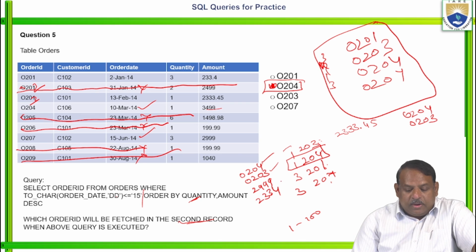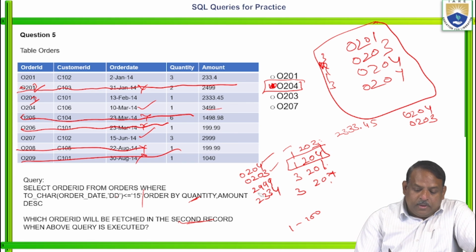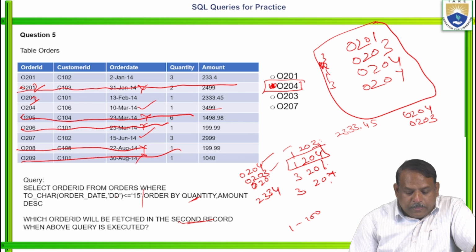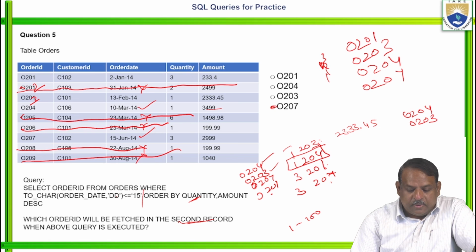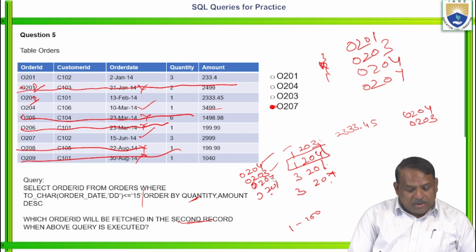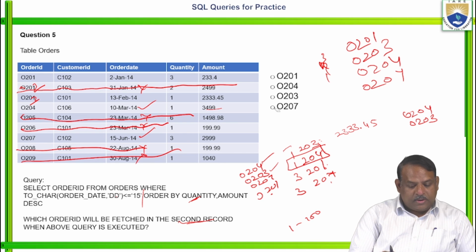Out of the 3 and 3, 201 is 233.4 and 207 is 999, so 207 comes before 201. Okay, the second record is 203. This is the second record.